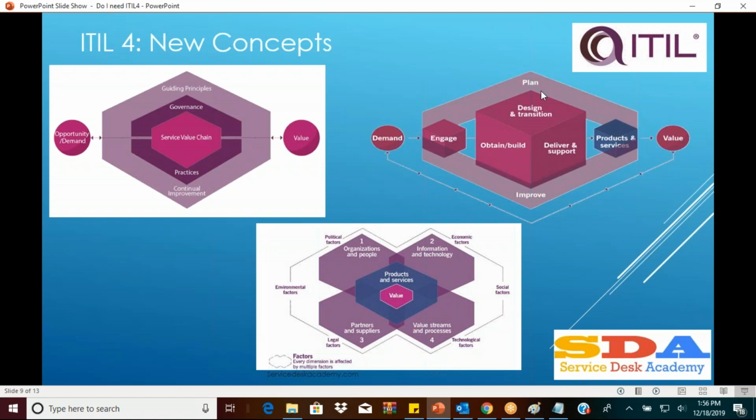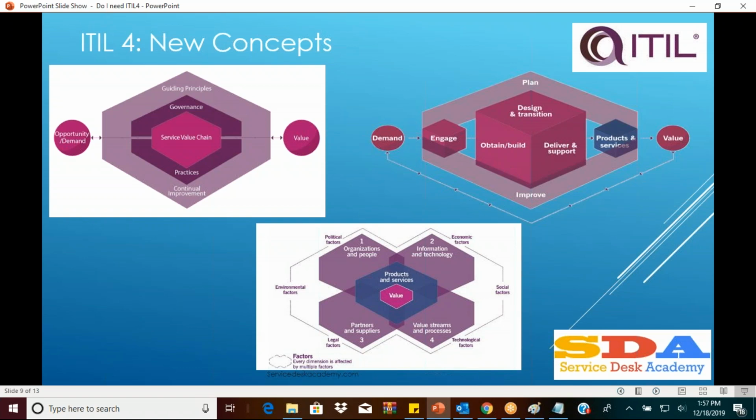So with the help of plan, you're going to define your vision and your mission, and then with the help of engage, you are trying to engage with different stakeholders and collect the requirements, and then with the help of design and transition, you are designing the services, transitioning the services, and testing the services, and with the help of obtain or build, you are obtaining the services.